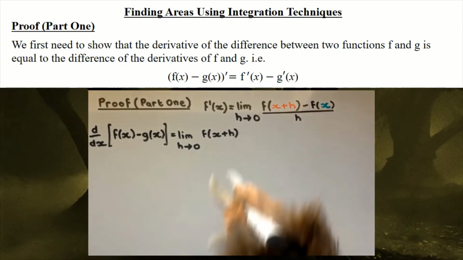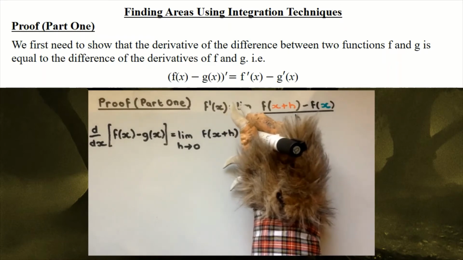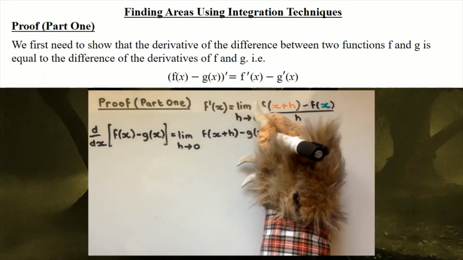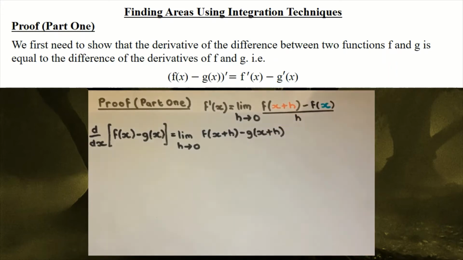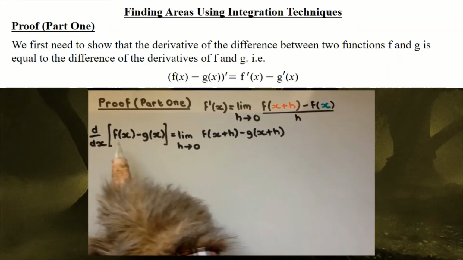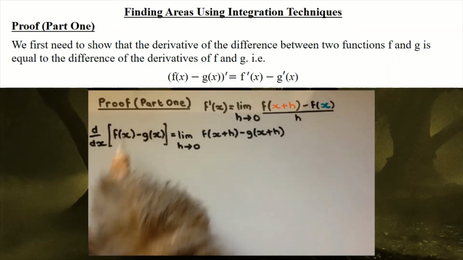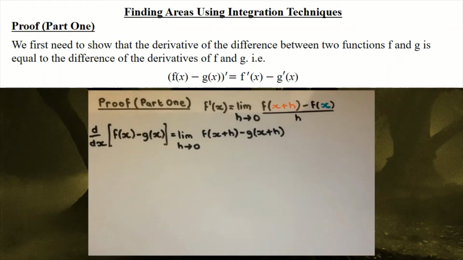Okay, that's for the first bit. Subtract g of x plus h. I'm just going to pause there. Now we have to subtract f of x itself from the definition. Now f of x in this case is f of x subtract g of x. So I've got to subtract this function from this expression here.